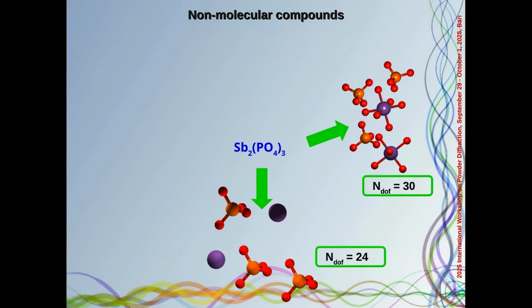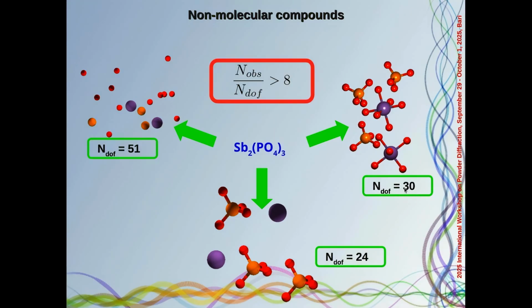So in the second case I have more chemical information, but more degrees of freedom. I can always solve a structure starting from isolated atoms without any chemical information, but the algorithm can fail if you have a large number of variables in the system.